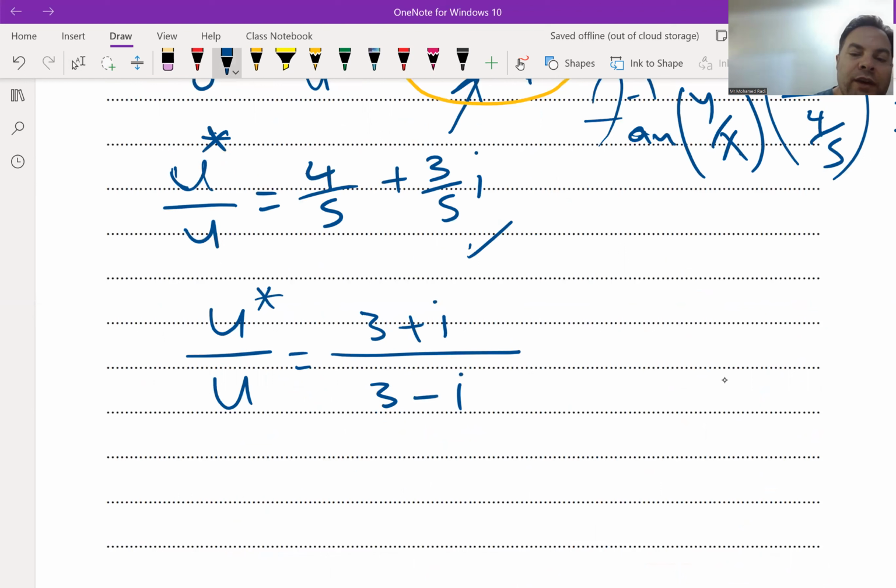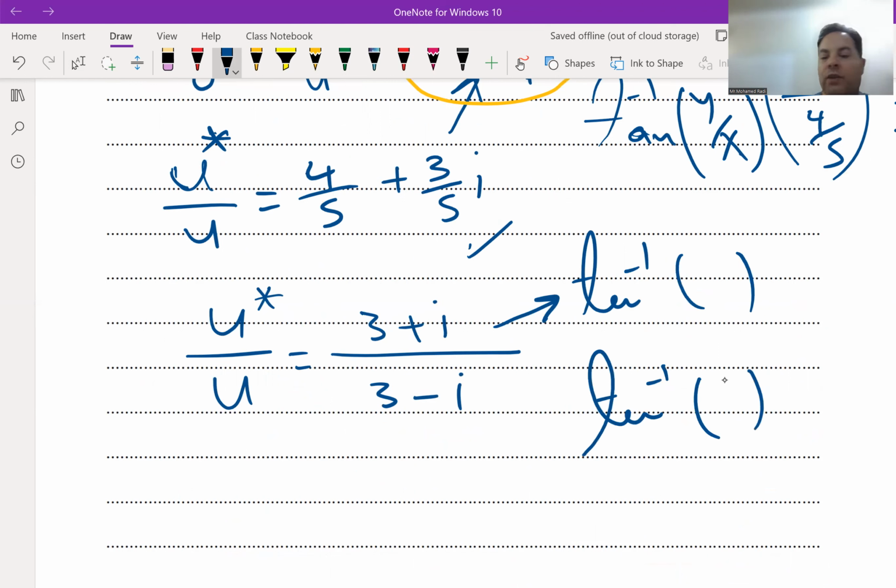We'll get the argument of each complex number, then subtract. When we divide two complex numbers, we subtract their arguments. The first one is tan minus 1 of 1 over 3. It is in the first quadrant, so the answer will be positive. And the second one is in the fourth quadrant, so the angle will be tan minus 1 of negative 1/3.